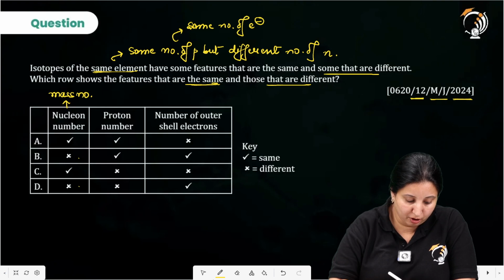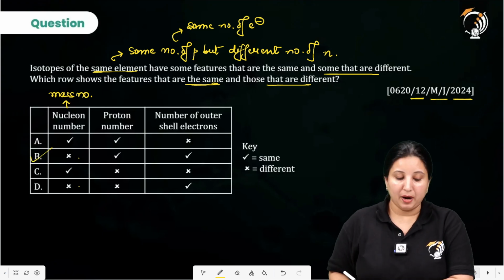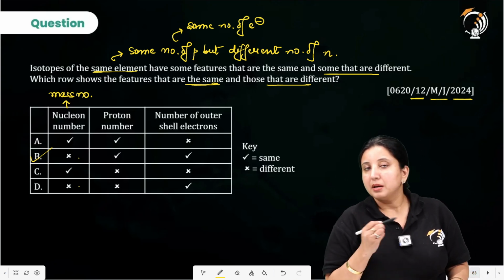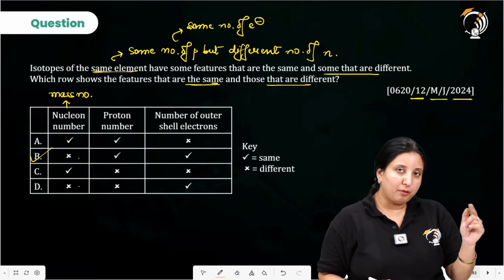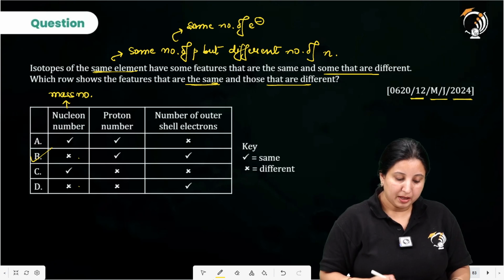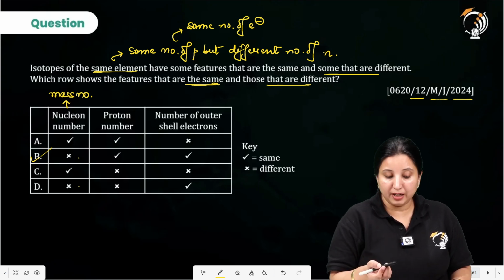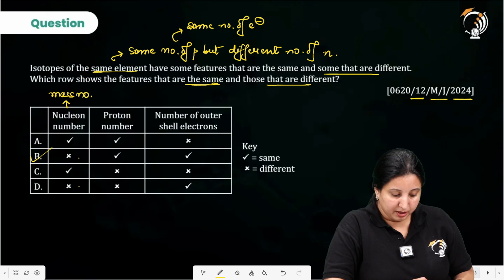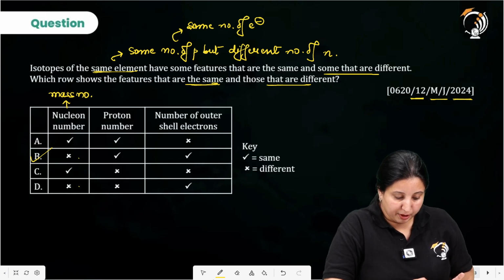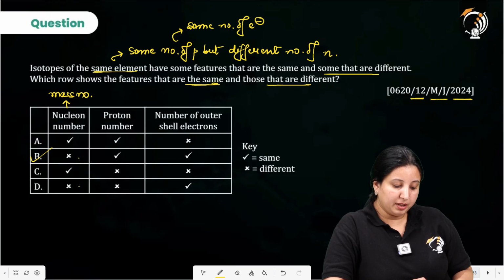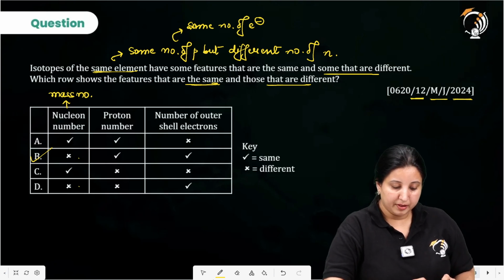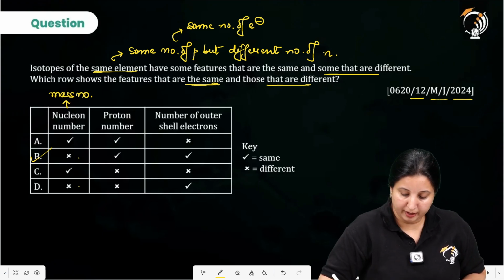So here I got my answer as B. Why? Because what I wrote, isotope means same number of protons but different number of neutrons. So obviously my nucleon number is going to be different, and number of outer shell electrons. So what I said, that if I talk about, then I am going to have the different number of nucleons, same number of protons, same number of outer shell electrons. Okay.